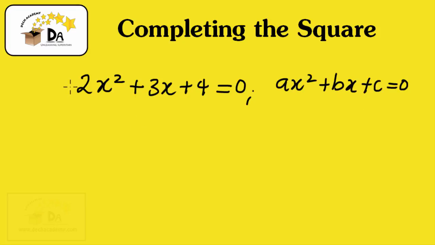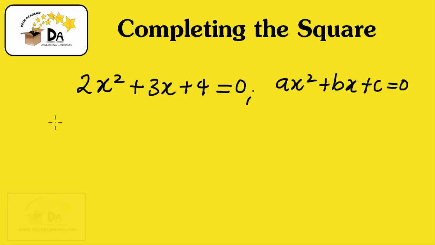However, if you wanted to solve this equation using the method of completing the square, you can't, because the coefficient of x squared needs to be 1. Currently, the coefficient of x squared is 2. In order to make it 1, divide through by the current coefficient of x squared. Divide through by 2, because then you get rid of the 2 here, and you get 1, and the other terms change.